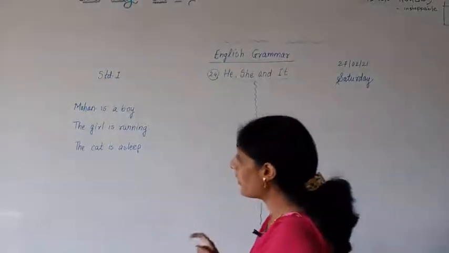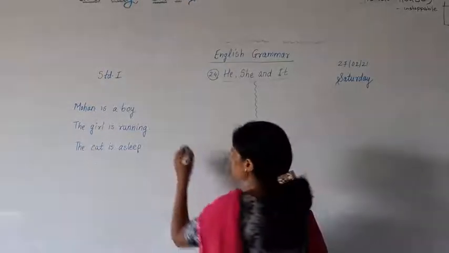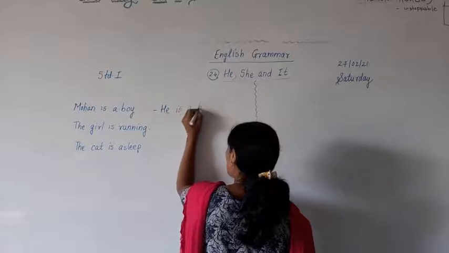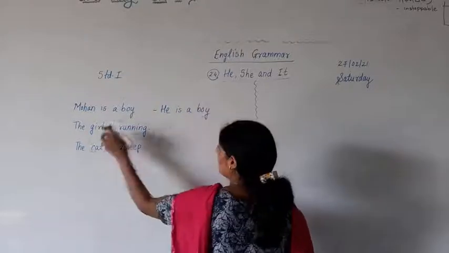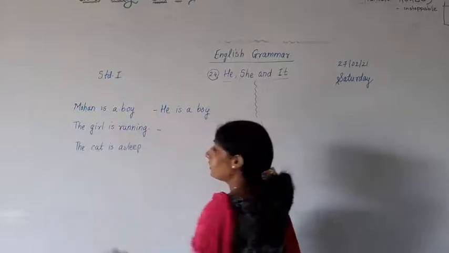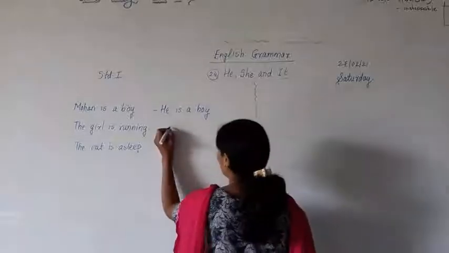Mohan is a boy. Now instead of Mohan, what can we write down? He is a boy. The girl is running. Now instead of the girl, what can we write down? She is running.